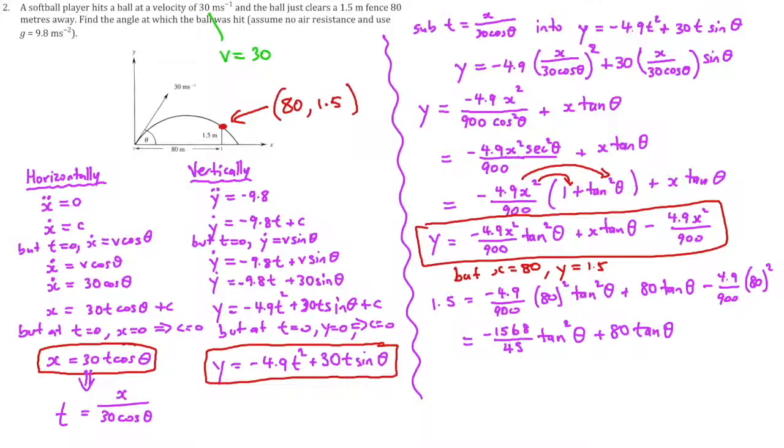Now, put minus 4.9 over 900 times 80 squared into your calculator, and once you've done that, then minus 1.5 to it, which means I'll end up with a 0 here. And when I take the minus 4.9 over 900 times 80 squared minus 1.5, that will leave me with 3271 over 90.